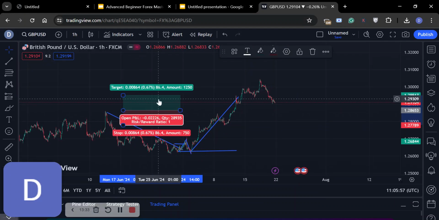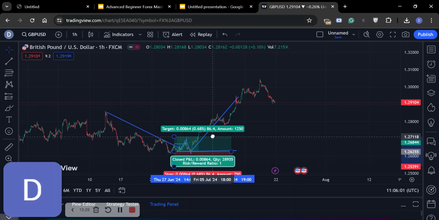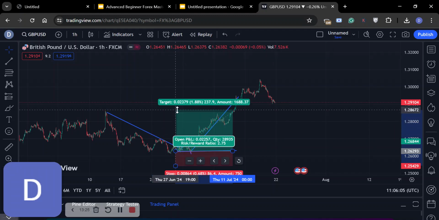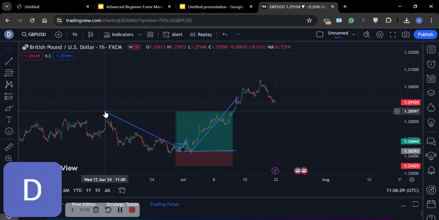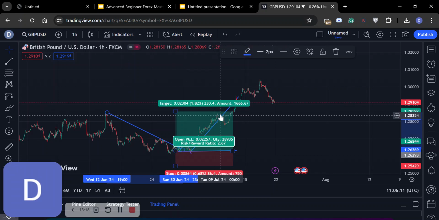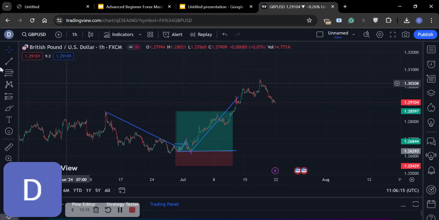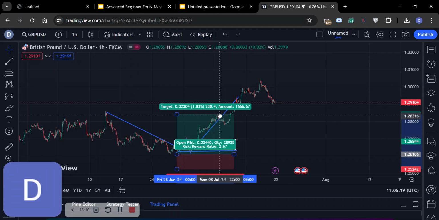You want to make your entry in this support zone and set your TP at this previous high. The reason is price can be very funny sometimes. It can use this previous high to create a resistance and push it downward.